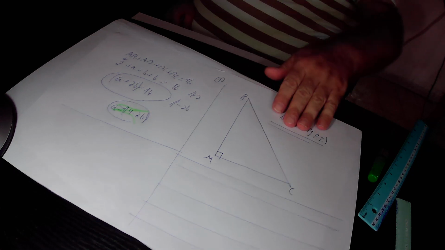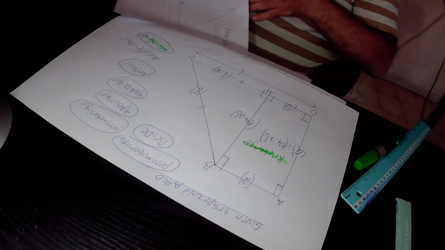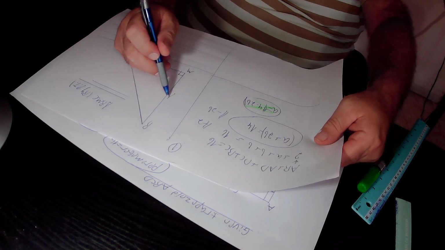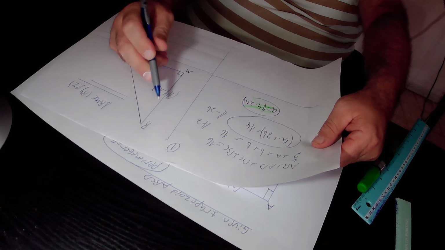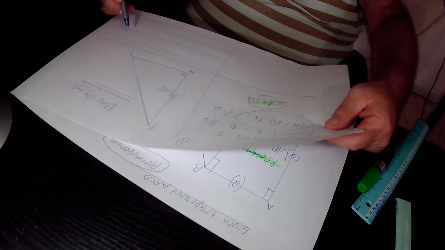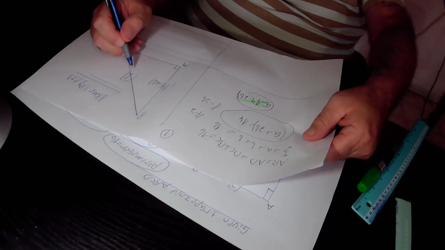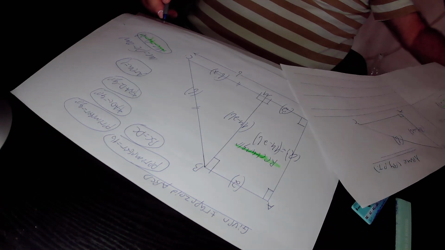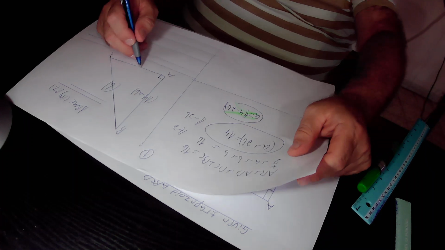Side BM equals 14 minus 2b units in its length. According to what we have already found out, BM equals 14 minus 2b, the hypotenuse BC equals b according to our definition, and finally we just found that MC equals b minus 2 units in its length.